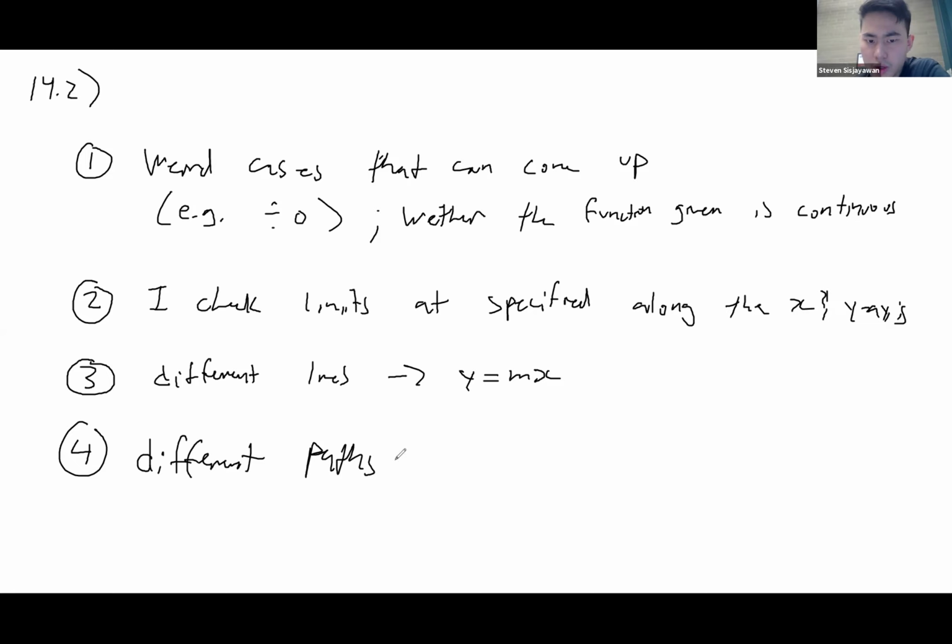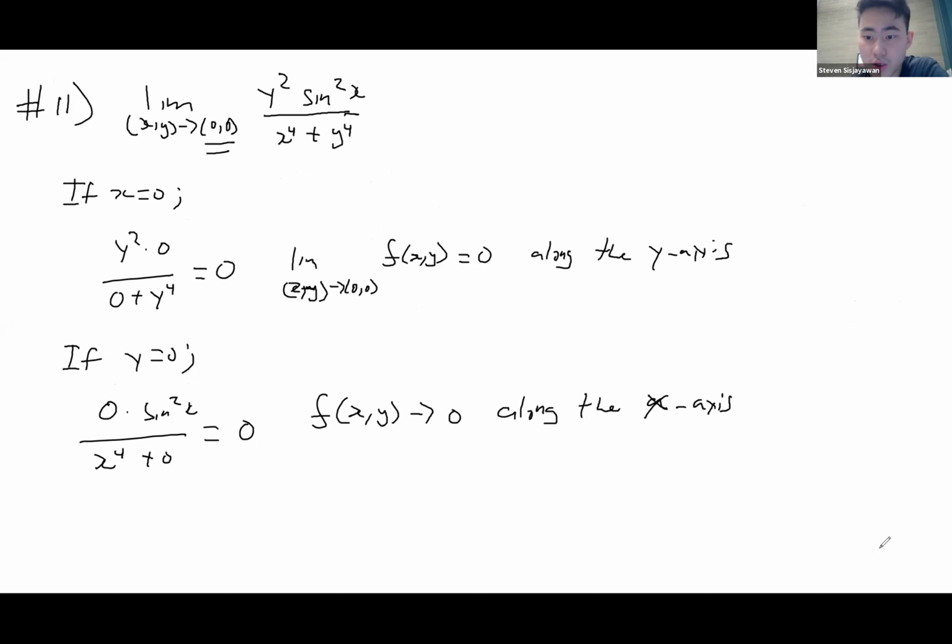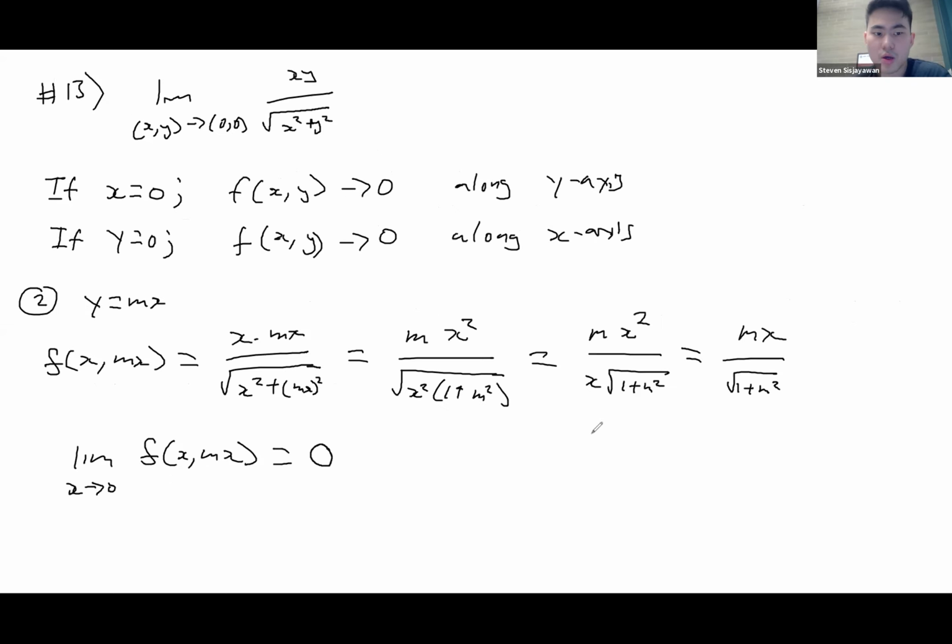And what was covered during recitation yesterday was that Dr. Roberts went with a polynomial, so y equals x squared. Okay, so we should also check whether that works for the specified function. So for this, I'll do the same thing. Instead of y equal to mx, I'm going to set y equal to x squared. And then I'll basically take the limit of x approaching 0, where instead of mx, I get x squared.